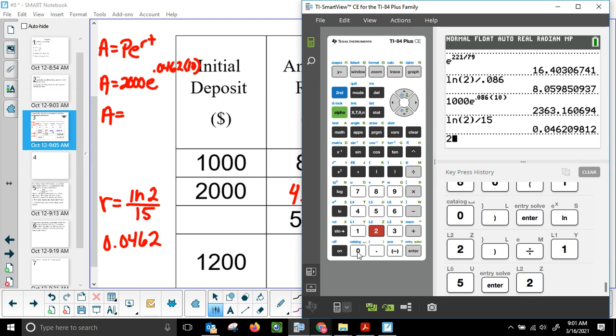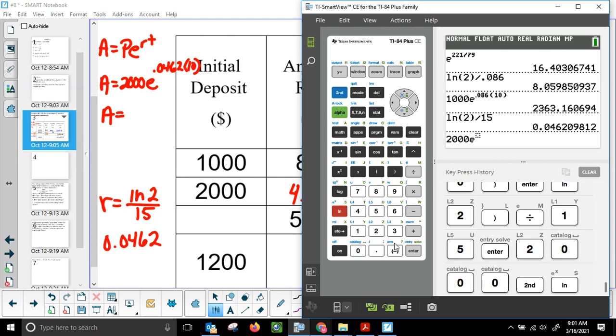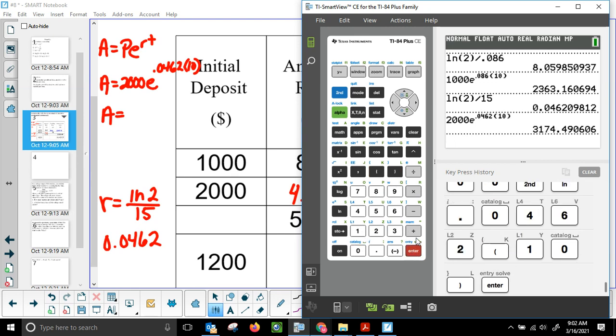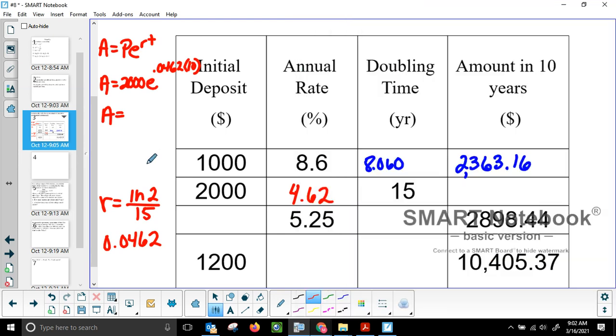So we've got 2,000 times e to the 0.0462 times 10, and that gives 3174.39.